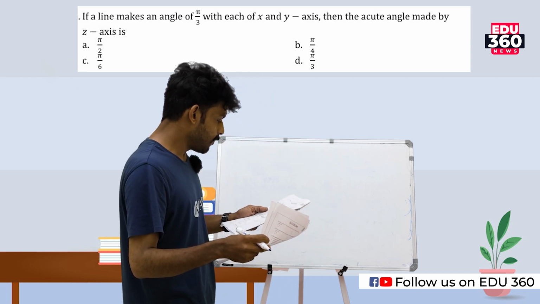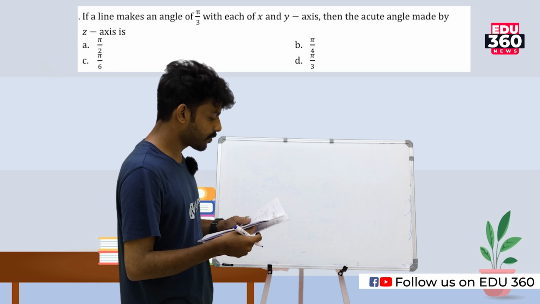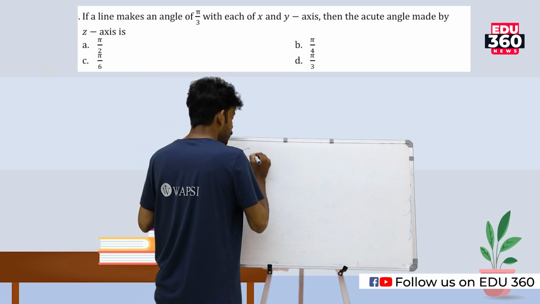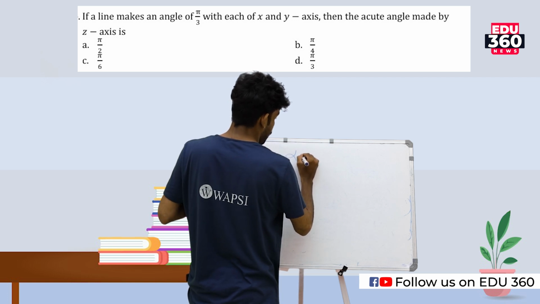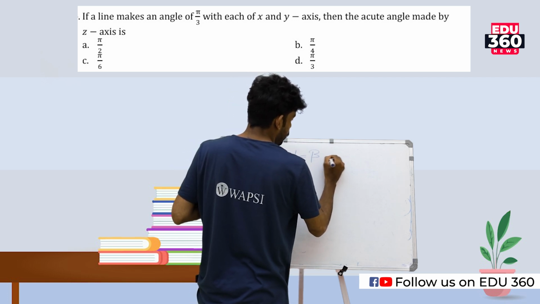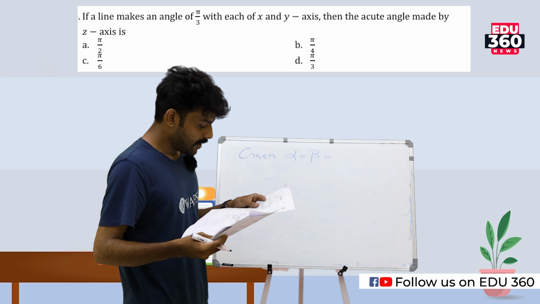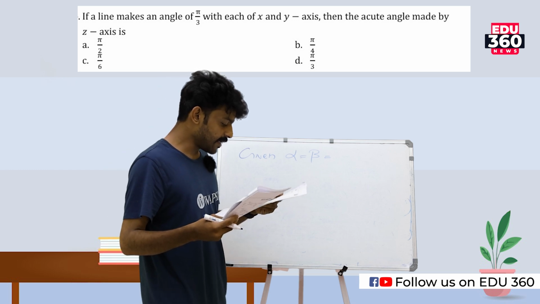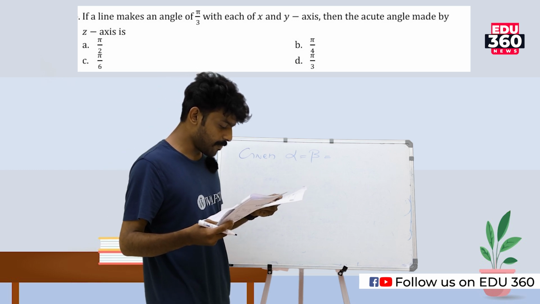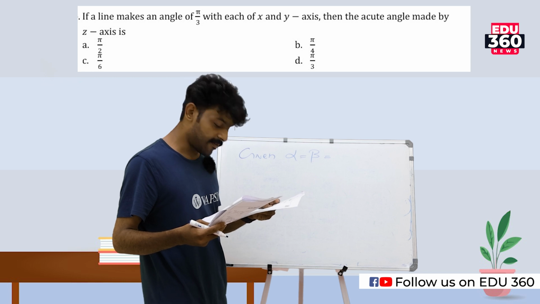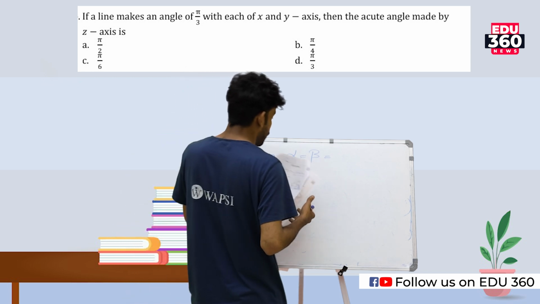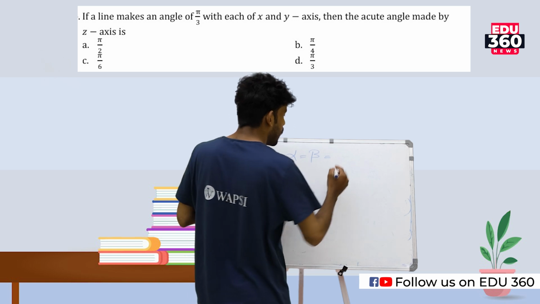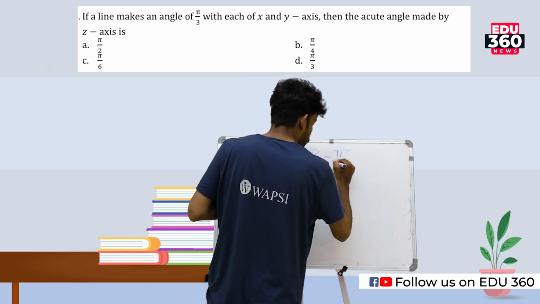First of all, from the given we can write alpha is equal to beta, because it's given that the line makes an angle of pi by 3 with each of x and y axis. So alpha is equal to beta, which is equal to pi by 3.